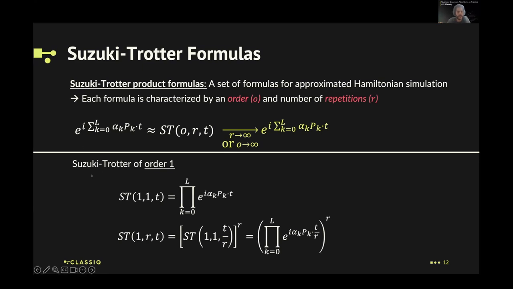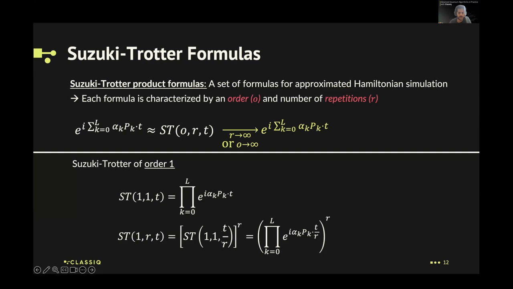So how does the Suzuki-Trotter of order 1 look? It is essentially just taking the product of the single Pauli exponents. So instead of the sum, I'm taking the product of single terms. This is order 1 and repetition 1. If I want order 1 and R repetitions, the idea with the repetitions is that you partition time by some factor.